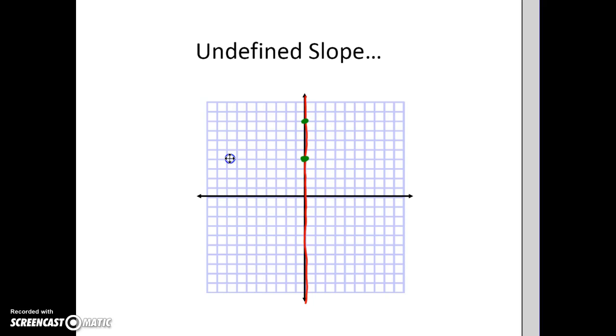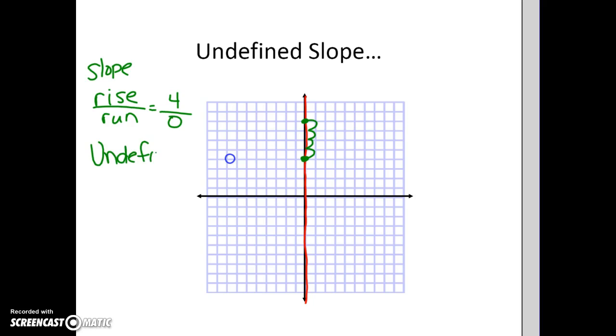I'm rising 1, 2, 3, 4. So my slope, rise over run, 4. But I do not go to the left or right at all, so I'm running 0. And if I try to divide by 0, I am undefined. So this slope is undefined because I cannot divide by 0.